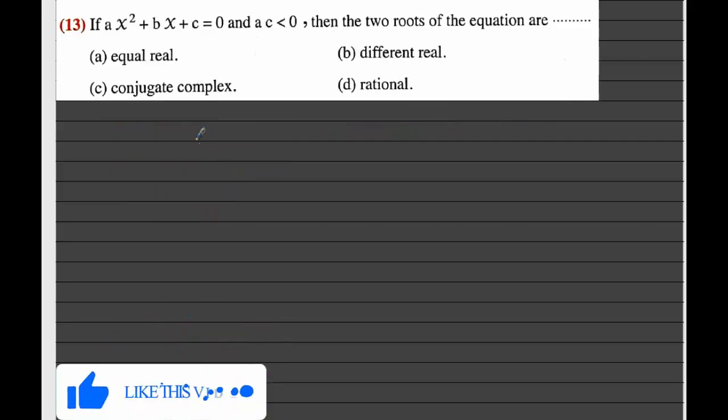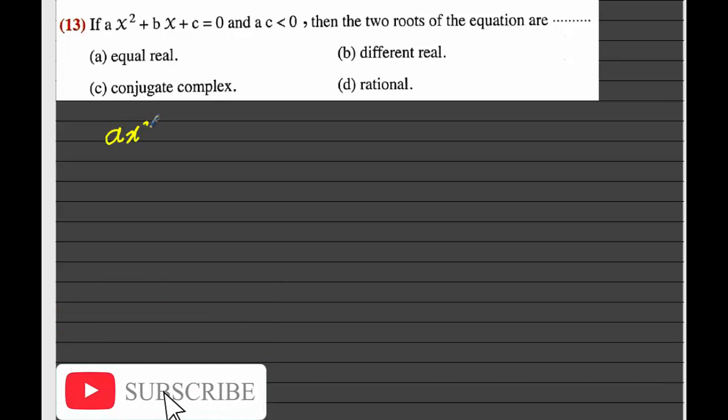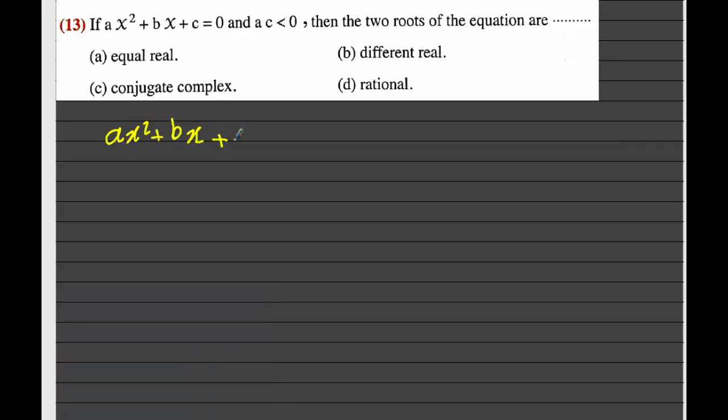Question number 13. If ax squared plus bx plus c equals 0 and the ac is less than 0, then the two roots of the equation are equal, different, conjugate complex, or rational.